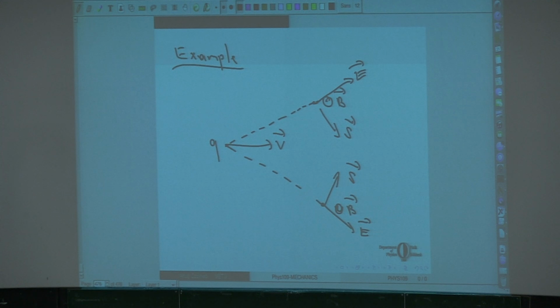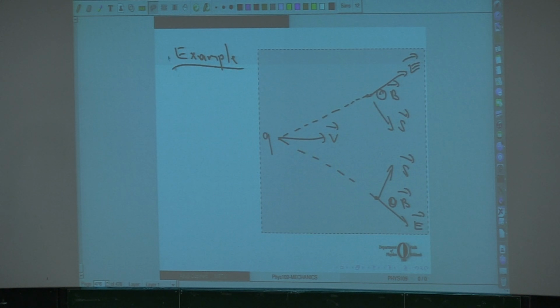Now, let's also study 4 more points. This point, what is the direction of the magnetic field? And the electric field. What is the direction of the energy flow?